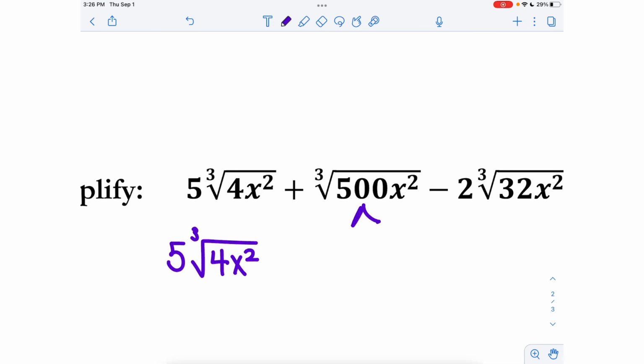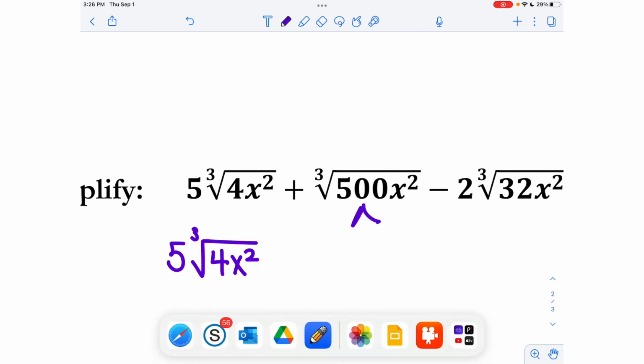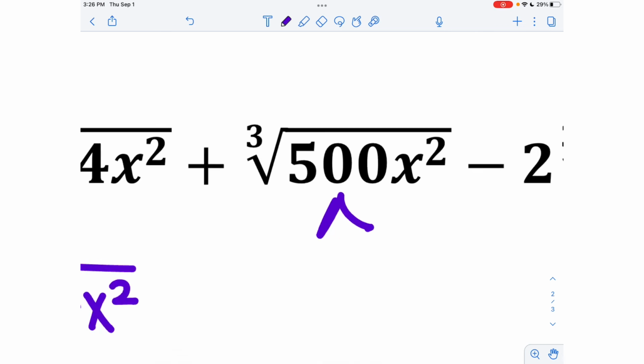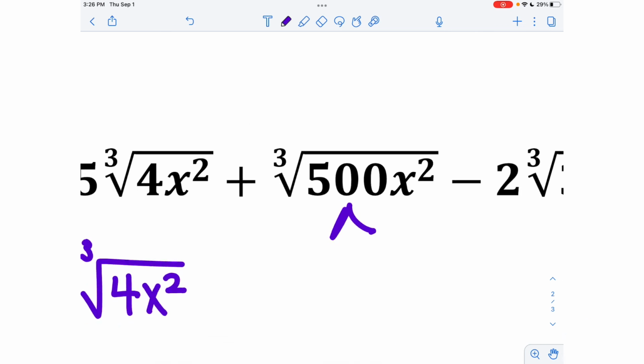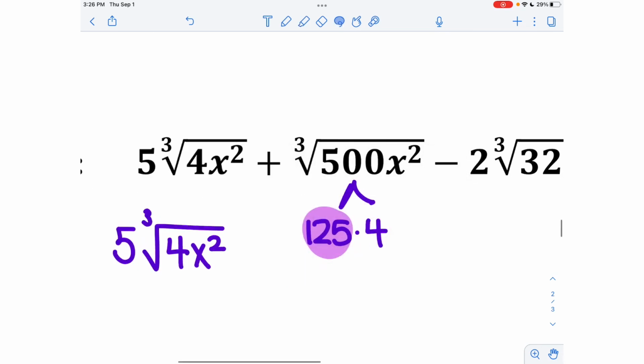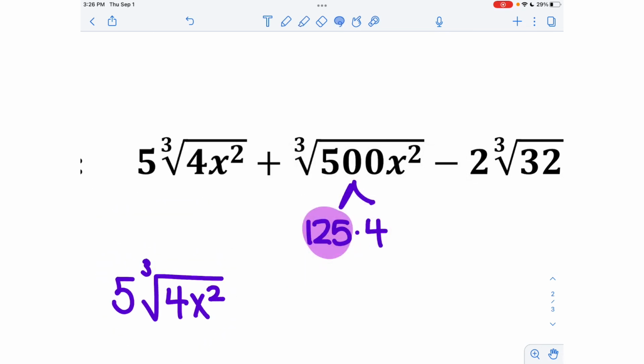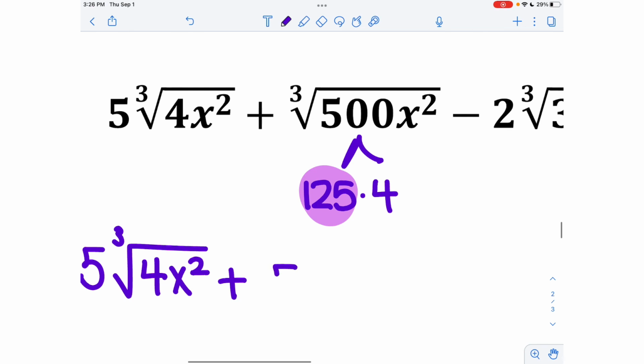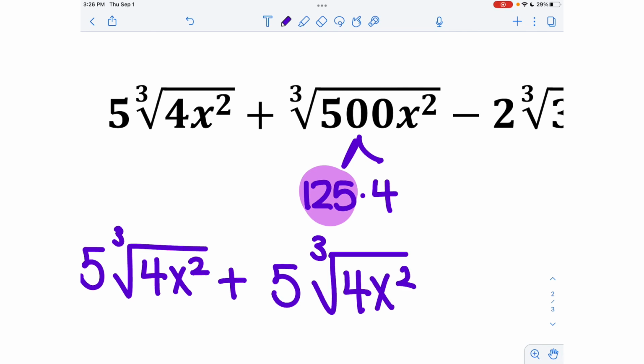All right. Now, I know we don't get a calculator, okay? But I think you can trust me that this is 125 times 4. And the cube root of 125 is 5. So another 5 cube root of 4x squared.